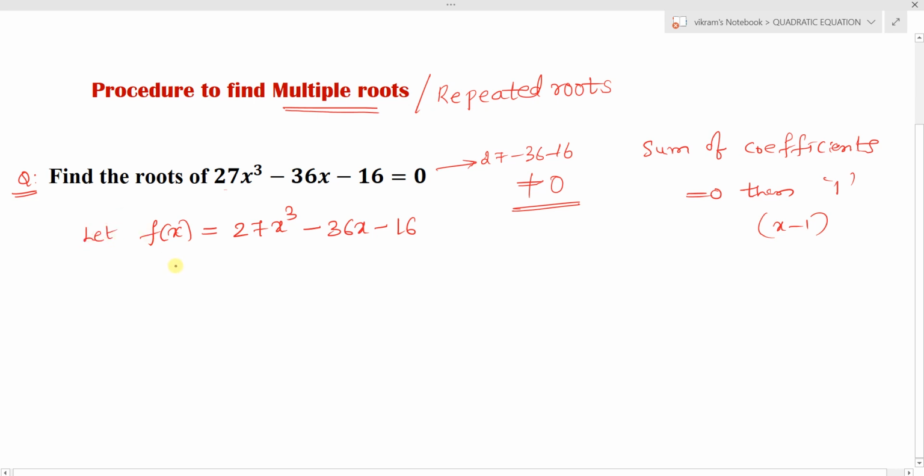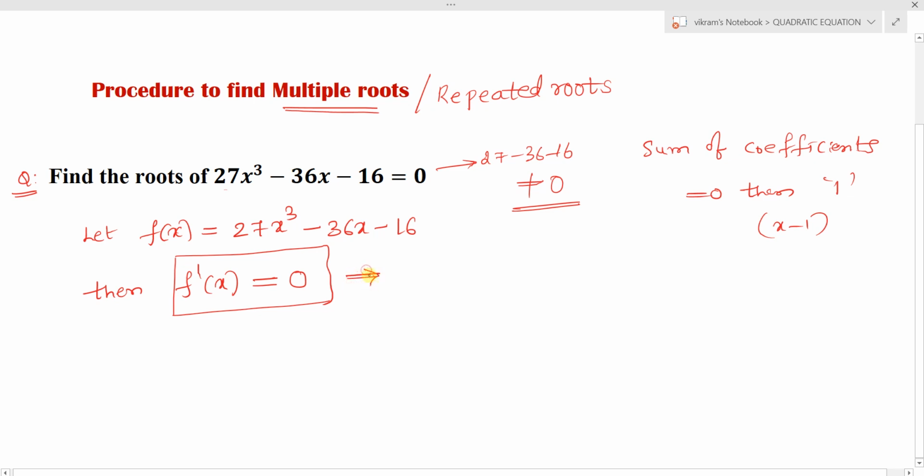Next, find f dash of x and equate that f dash of x to 0. This is the important step.